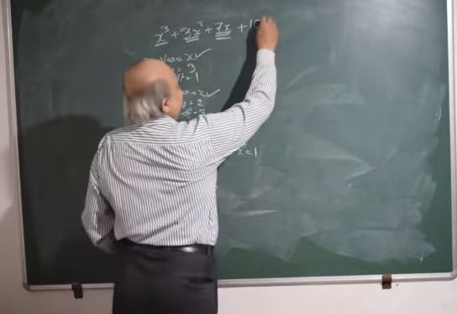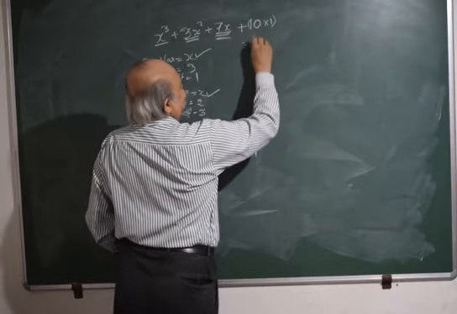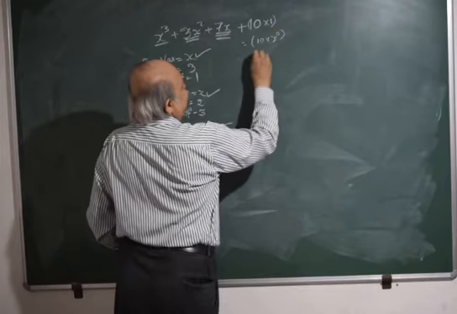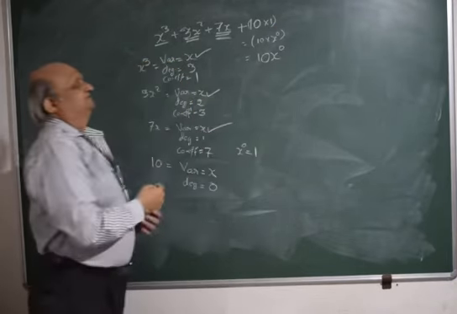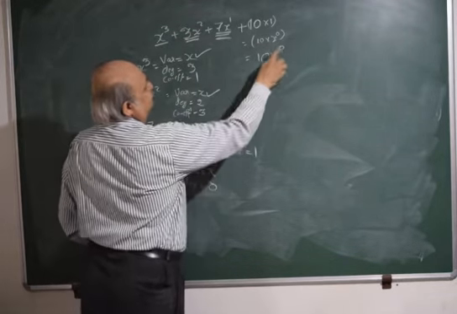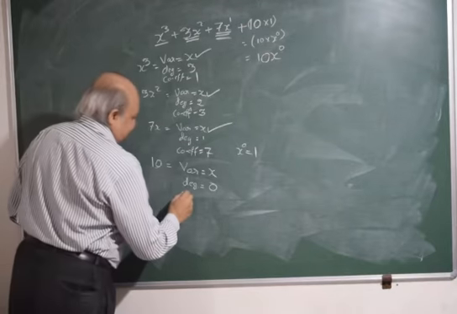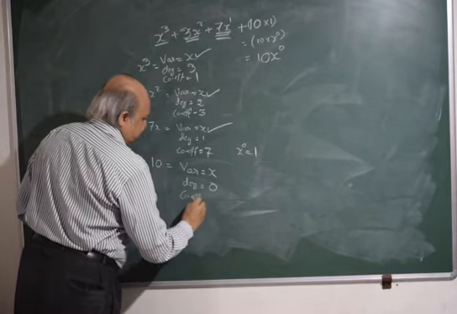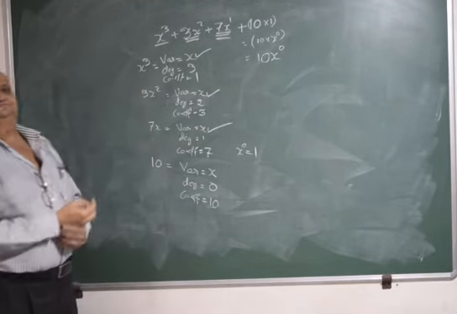I can write it as 10 into 1, which can be written as 10 into x raised to 0, and therefore I can write it as 10x raised to 0. So we have 3, 2, 1 and 0. And here the coefficient is 10.